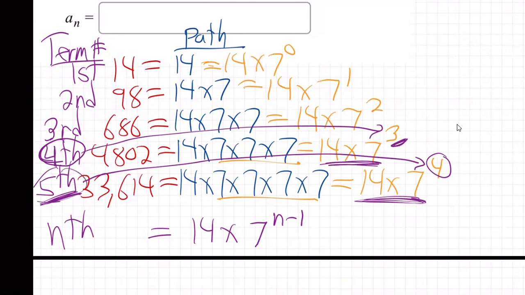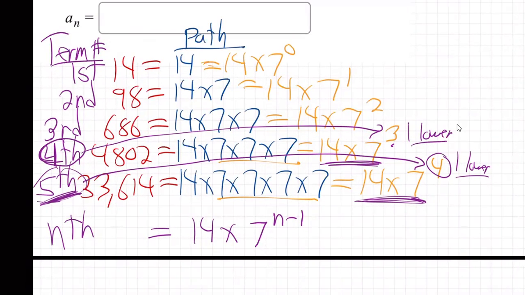Yeah, you all seeing the connections there? The power is always one lower, isn't it? See how that works?